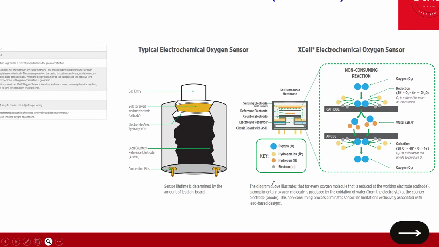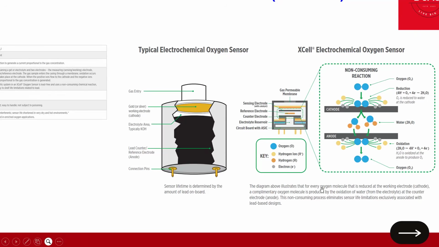The main point is here, friends, this non-consuming reaction. See here, this blue is oxygen, this yellow is a hydrogen ion, H plus, and this is hydrogen, H. Then you have the gray, which is the electron.